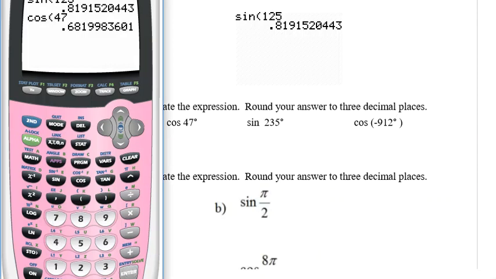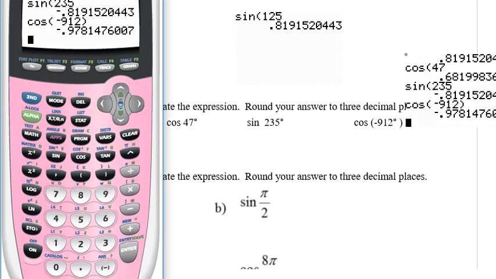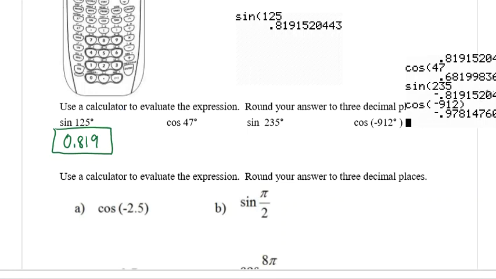Cosine of 47, sine of 235, cosine, and you can have a negative. You just want to use this negative down here, not a subtraction sign. Notice it looks a little different. So cosine is 0.682 because the 9 is going to bump the 1 up.